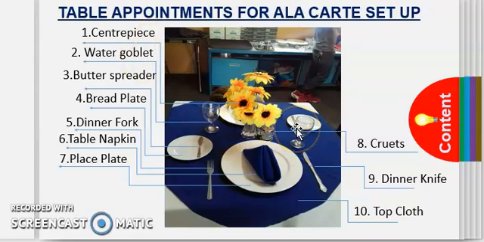Then we have the butter spreader, the bread plate, the dinner fork, the table napkin, the place plate, the dinner knife, the cruets, and the top cloth. Those are the table appointments for a la carte setup.